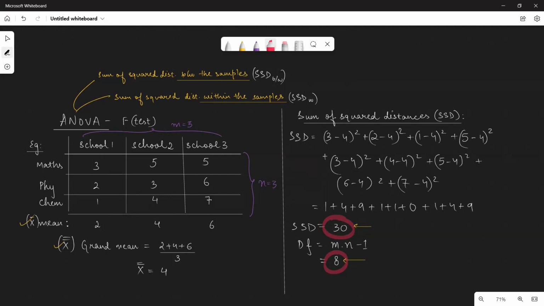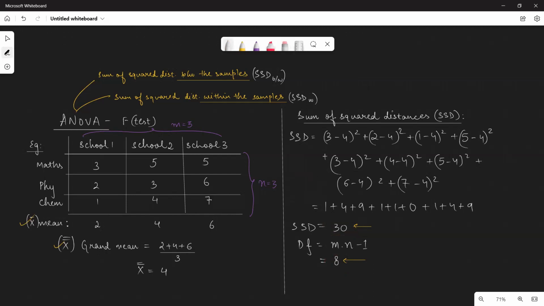Just add them and see if it is equal to the total SSD. Okay, so this is a trick, a way you can verify whether whatever calculation you are doing is right or wrong. You can remember it for future reference, though I doubt whether they'll give you an ANOVA or not.